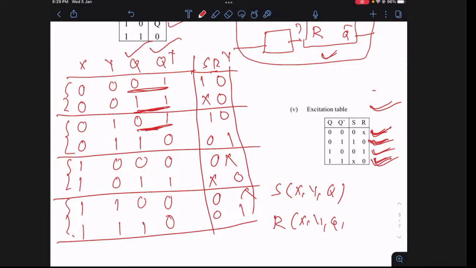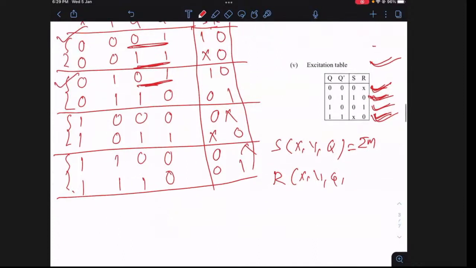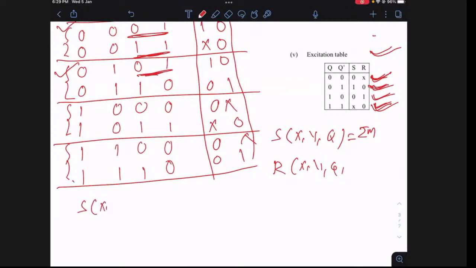So S, if I ask you what it is, the min terms are 0, this row, then this row, that is 2 min terms. So let me write here. S in terms of X, Y, and Q is min term 0, comma, min term 2.